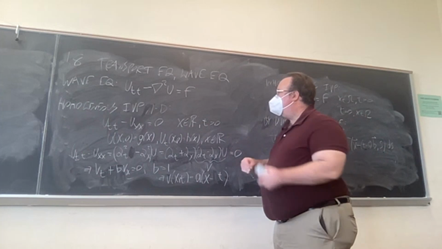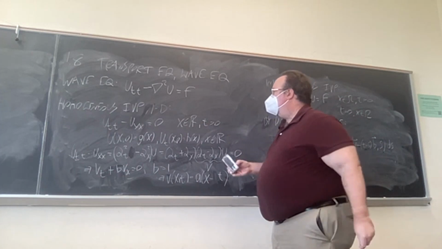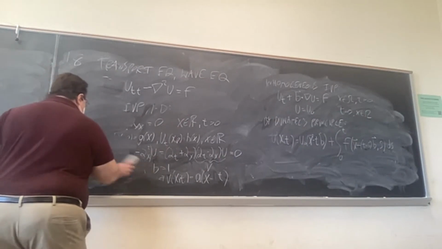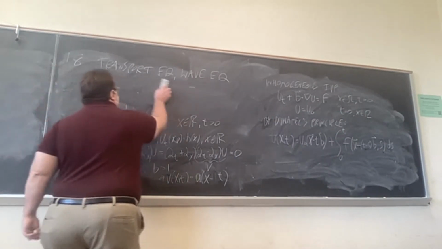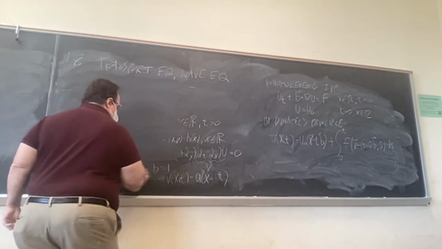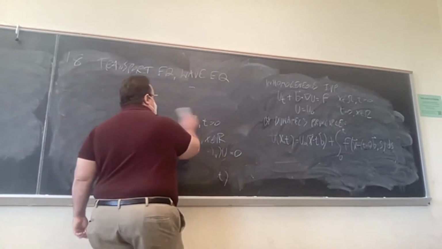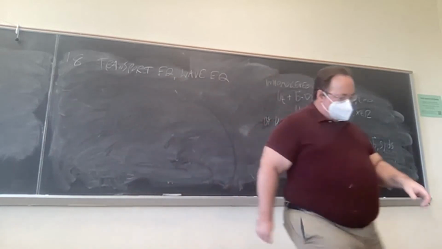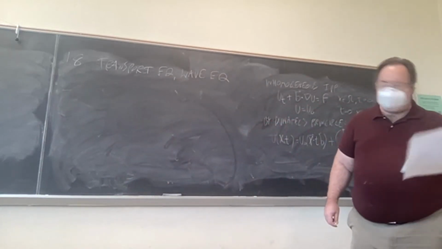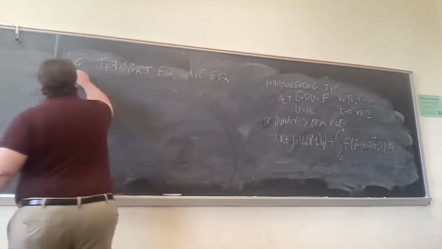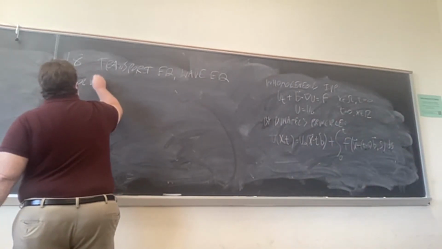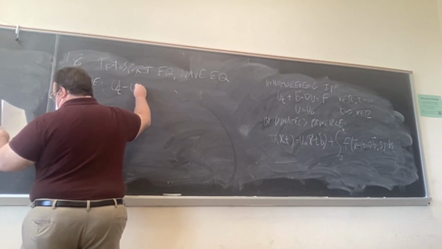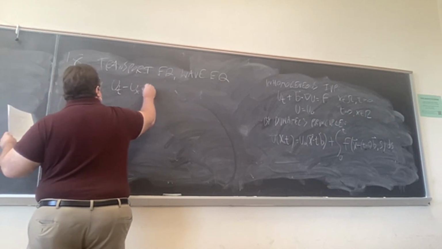So if I take the equation that defines v, now I need to solve that for u. So u_t minus u_x is equal to v.